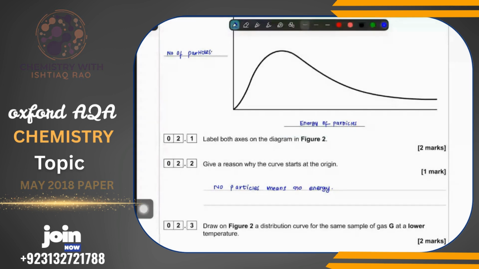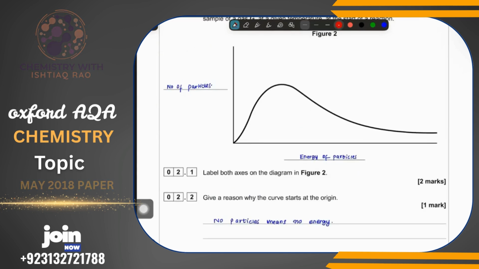At a lower temperature, the height of the curve increases and the graph shifts towards the left. So we must know what would happen at a lower and at a higher temperature.